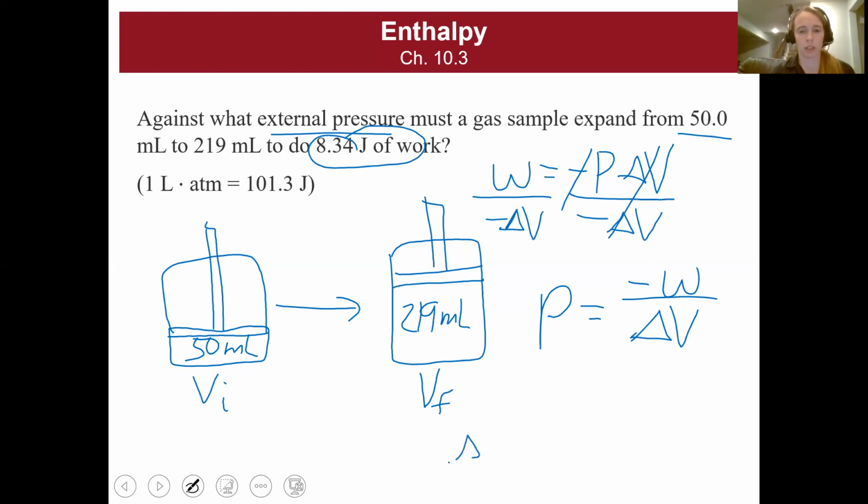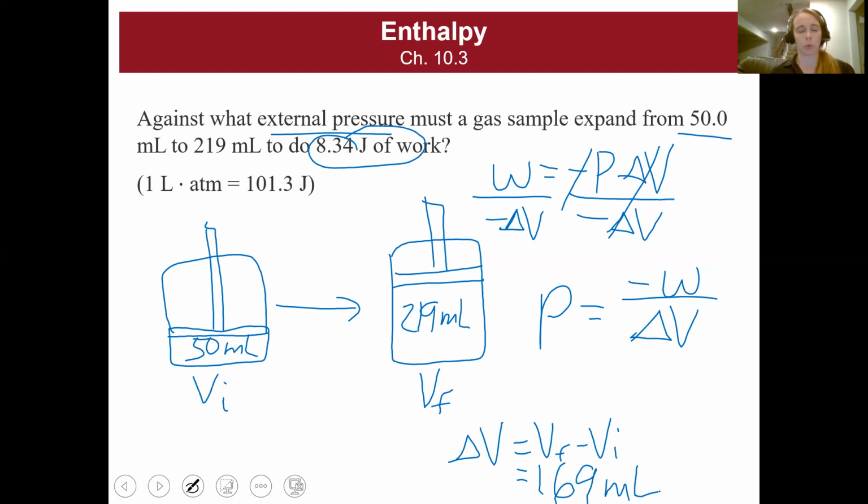So delta V is going to be V final minus V initial. If we calculate that real quick, that will be 169. I think I did that correct. Milliliters. So 169 milliliters is our delta V.